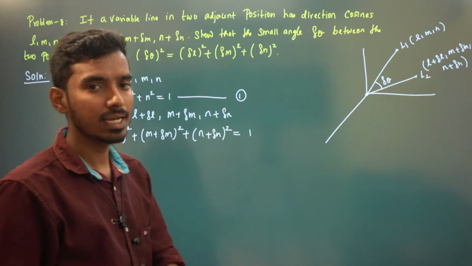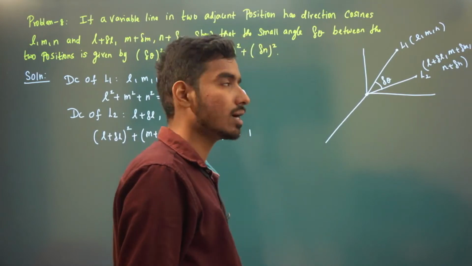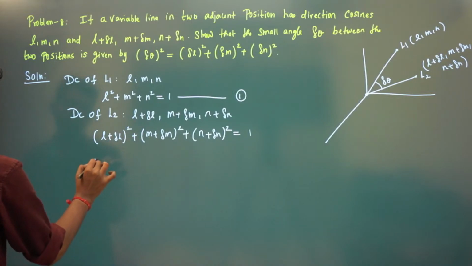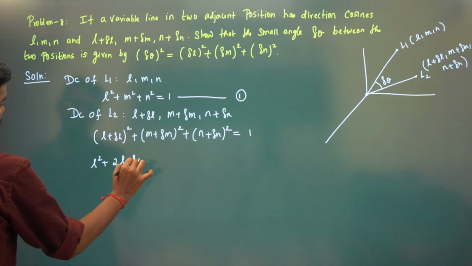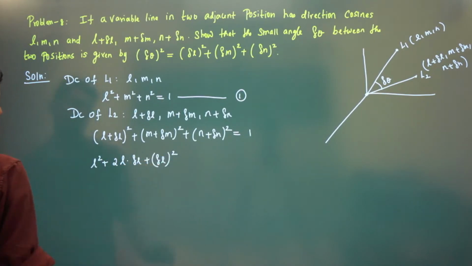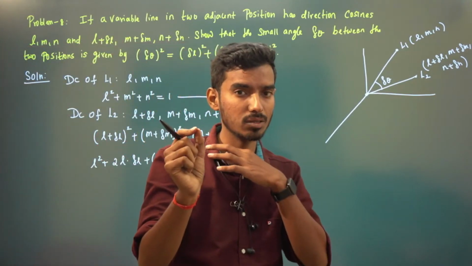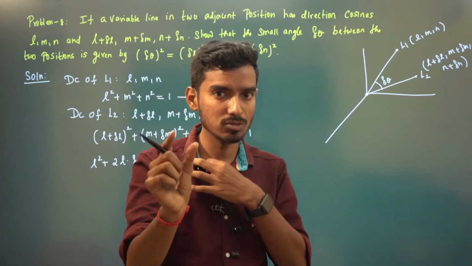You know, right? If L, M, N are direction cosines, L square plus M square plus N square is always equal to 1. So expand using the A plus B whole square formula: A square plus 2 times A into B plus B square. See, del L is one term. Don't consider del as one term and L as another term. So del L is one term.